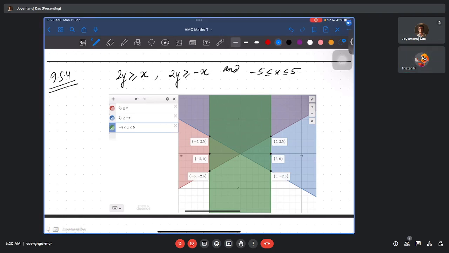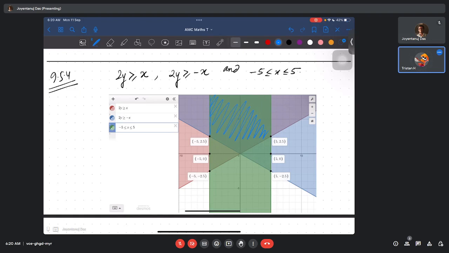Yes, but which lines will bound our region? Which area should I shade? That is what I'm asking. The negative 5 to 5. Yes, but the whole region will not come. So this part is our only region, right? Oh, yeah.